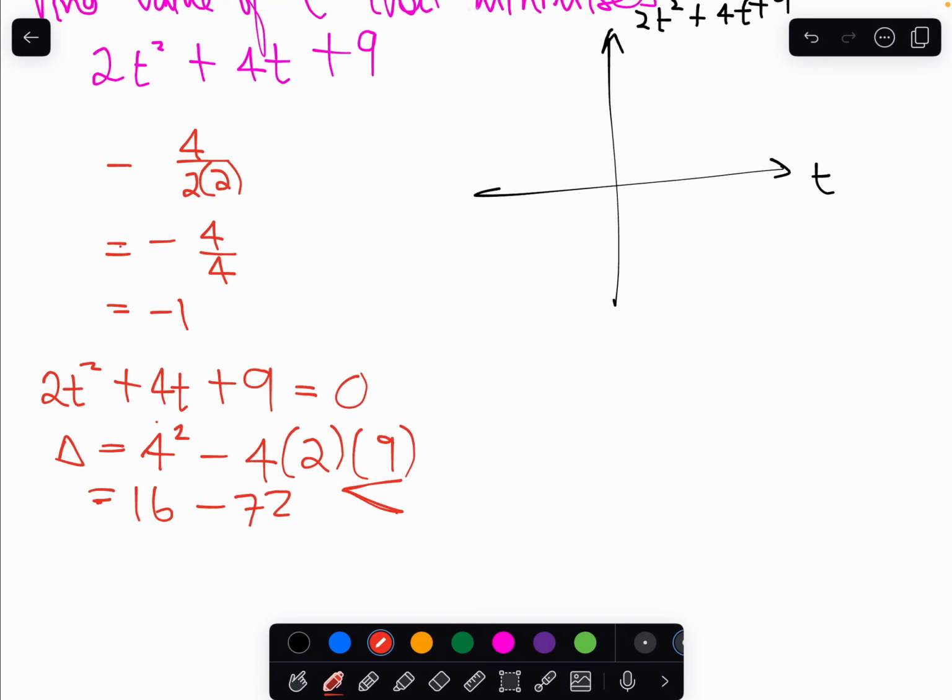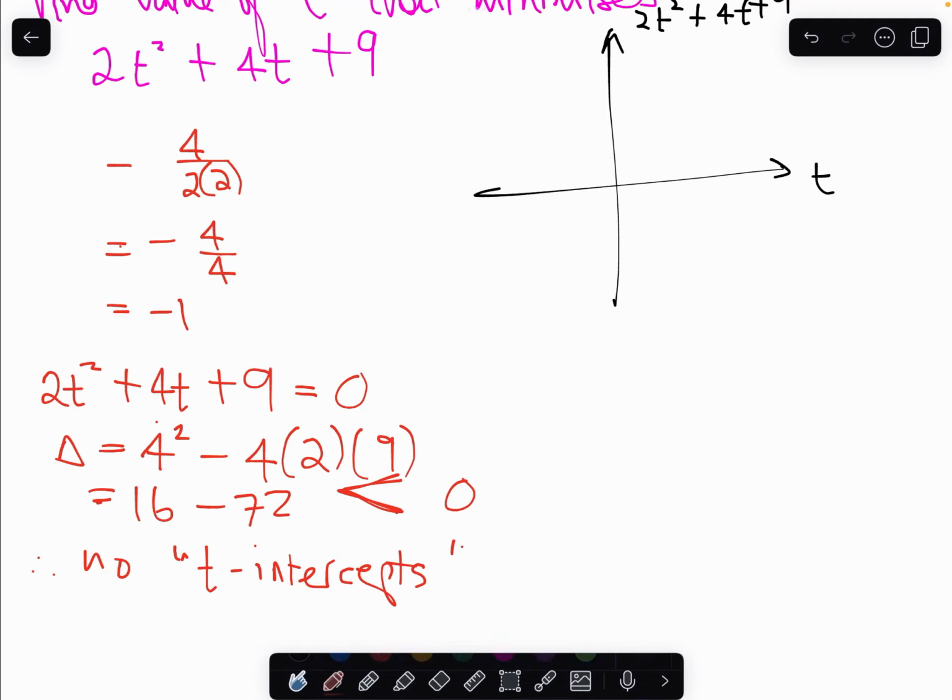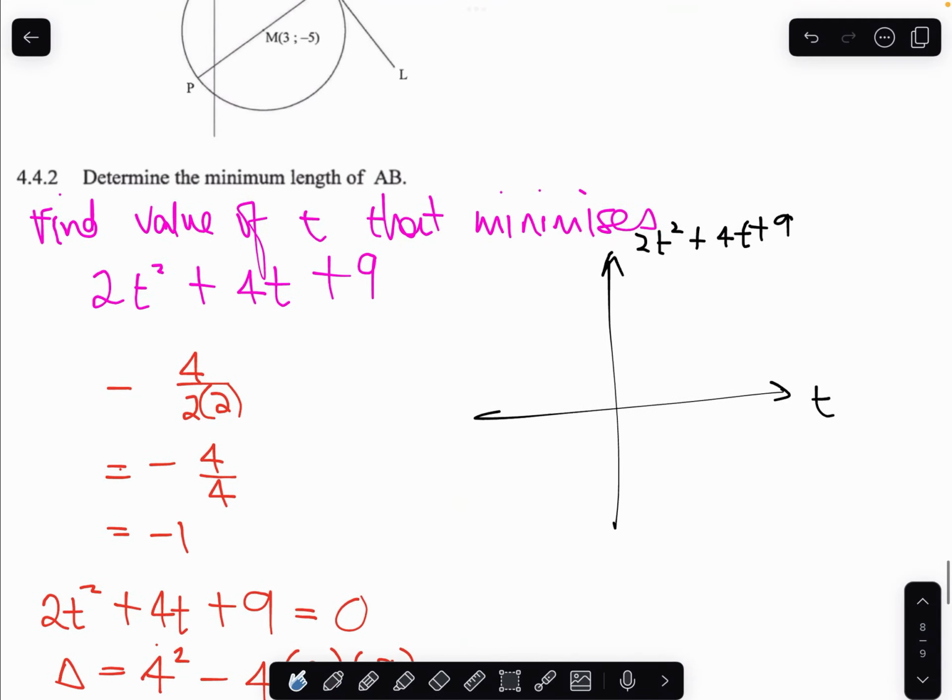All I care about is the fact that it's smaller than 0. Therefore, there are no t-intercepts in this case, right? Okay, so that is a smiley parabola that is completely above our t-axis.